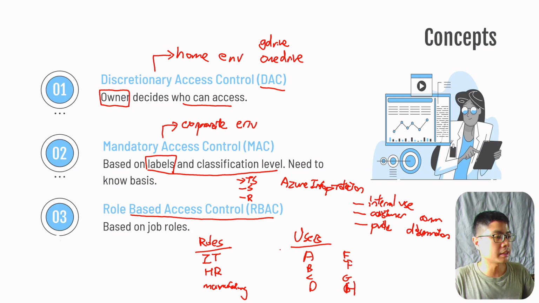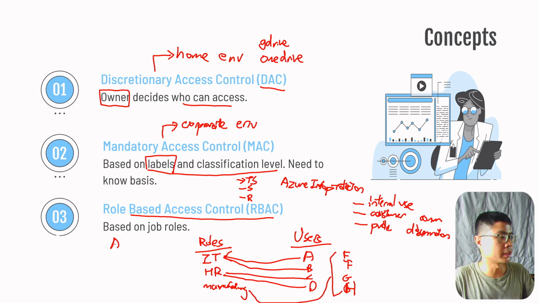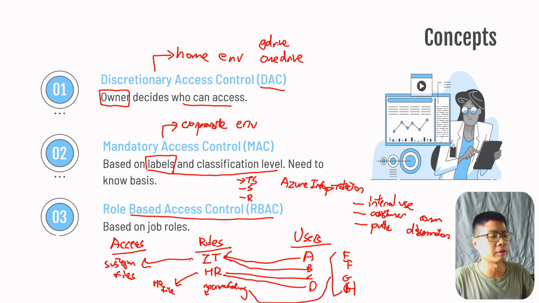Each of these users will belong to a certain role, and based on which role they belong to, they get certain access. So for example, IT can access certain systems and files, HR can access the HR systems and the HR files, and likewise for manufacturing.